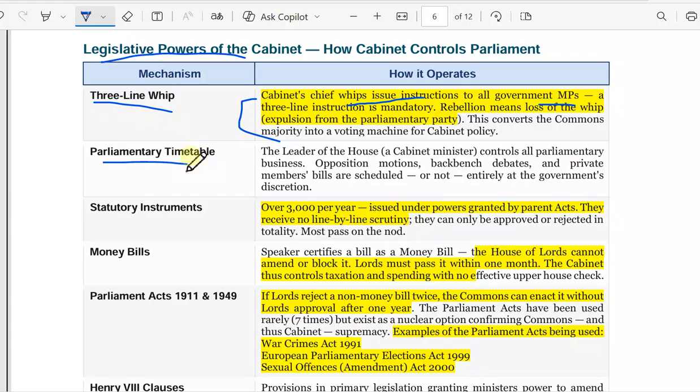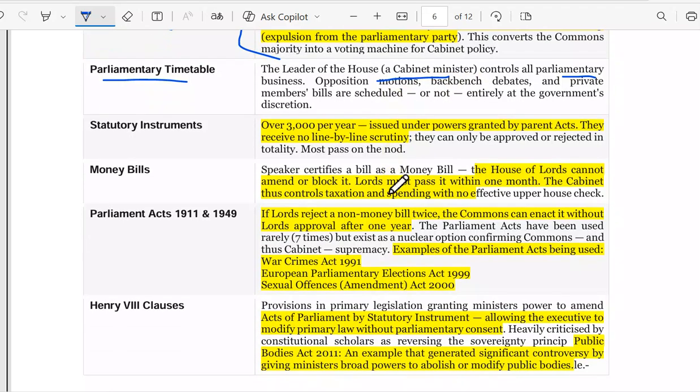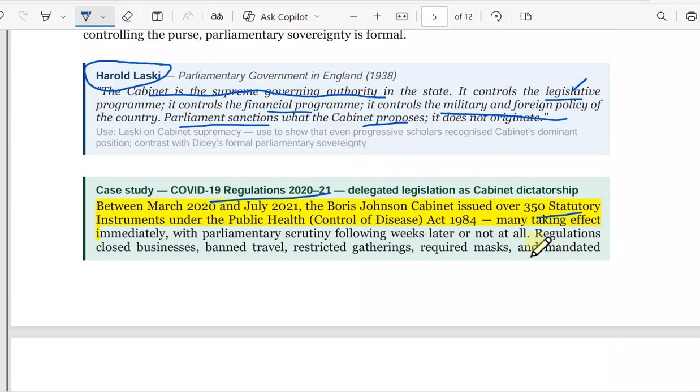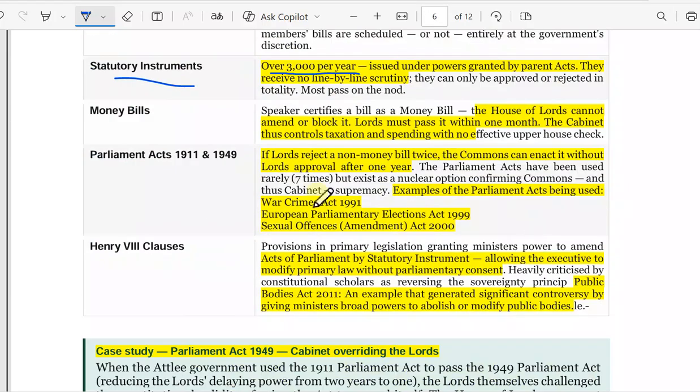Parliamentary timetable: it is the cabinet ministers who control all the parliamentary business, opposition, and benchmark debates. Next are statutory instruments. I have told you in detail that about 350 plus statutory instruments were issued by Boris Johnson. Next is the money bill, again discussed.